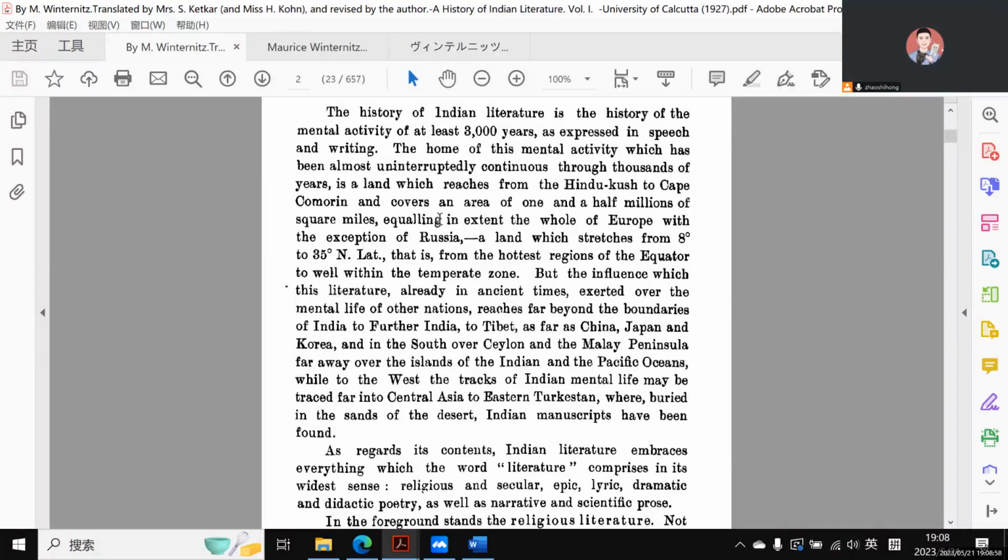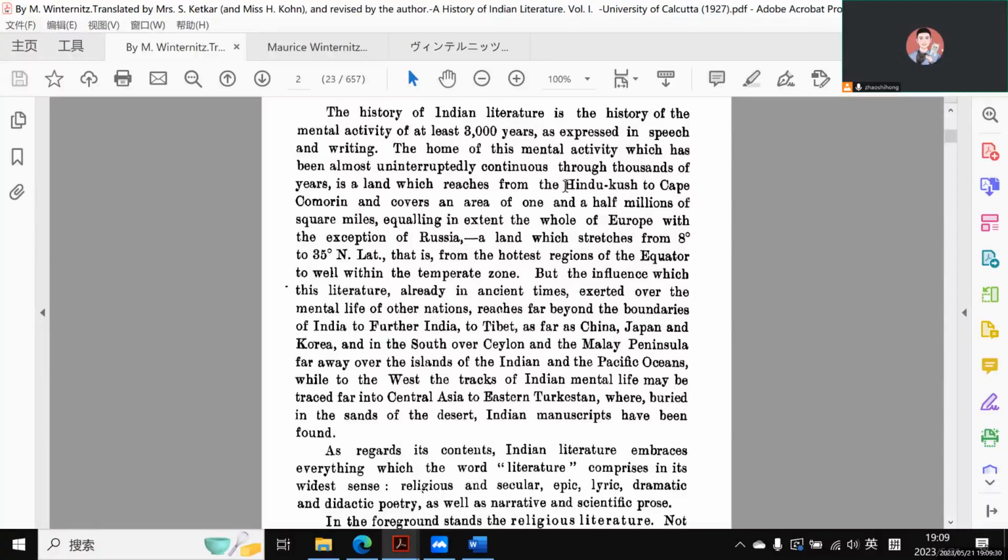The first paragraph is a very rough introduction. If you have no idea about what India is, you can have a look at this part. I will not read everything, but I hope you will notice some very important key points mentioned by our author.